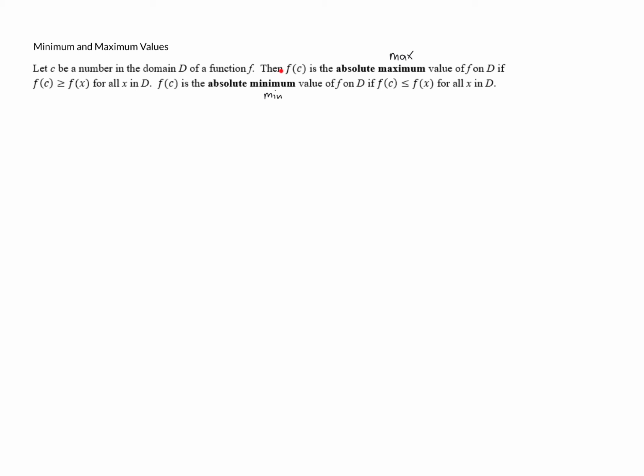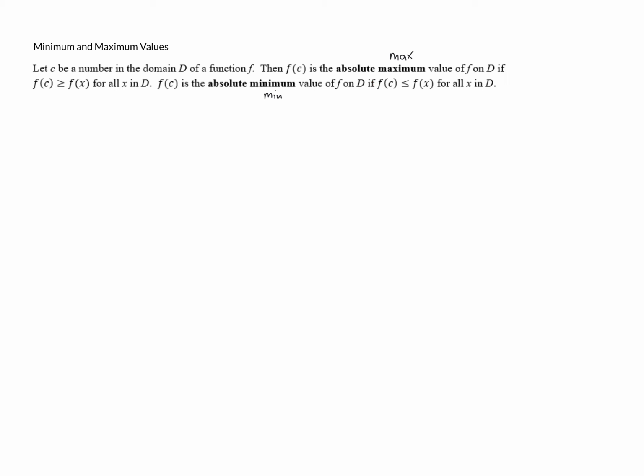And the function value there, we call it the absolute maximum on the domain if that function value is greater than or equal to all of the other function values on that domain. So it's basically the highest function value that we can attain. And similarly, for the absolute minimum, it is when we have the function value that is the lowest we can attain. It's less than or equal to all other function values.